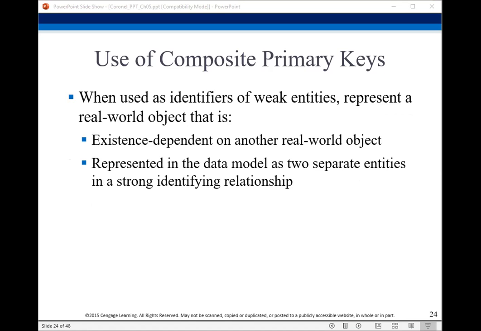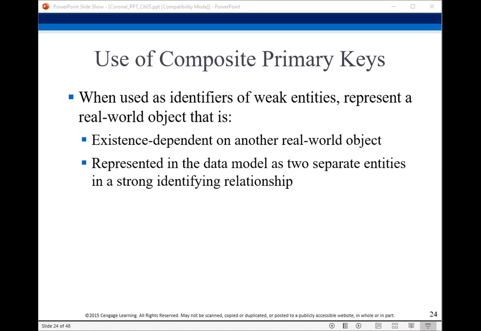So composite primary keys are particularly useful in two cases: as identifiers of composite entities where each primary key combination is allowed only once in a many-to-many relationship. And also as members or identifiers of weak entities where, again, that weak entity has a strong identifying relationship with the parent entity.